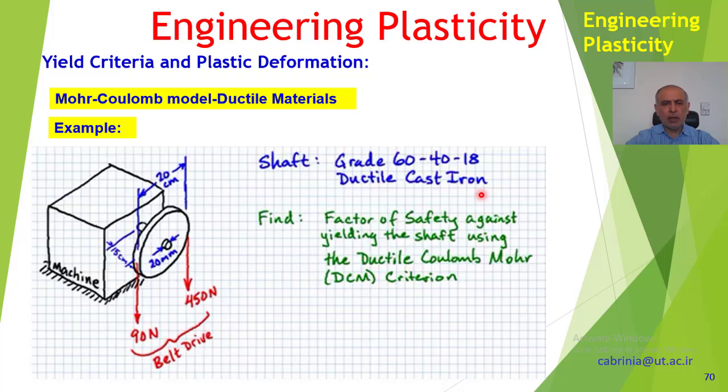Ductile cast iron is a relatively ductile material, and the problem asks us to find the factor of safety against yielding of the shaft using the DCM, the ductile Coulomb-Moore criterion, which we talked about in the previous part. So we are going to do that.